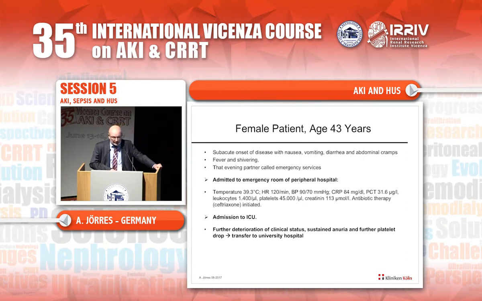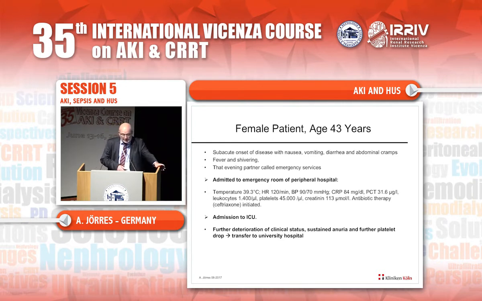That was when her partner called the emergency services. When she was admitted, she had fever, tachycardia, low blood pressure, and strongly elevated inflammatory markers. And already they found platelets decreased to 45,000 and just about normal serum creatinine.